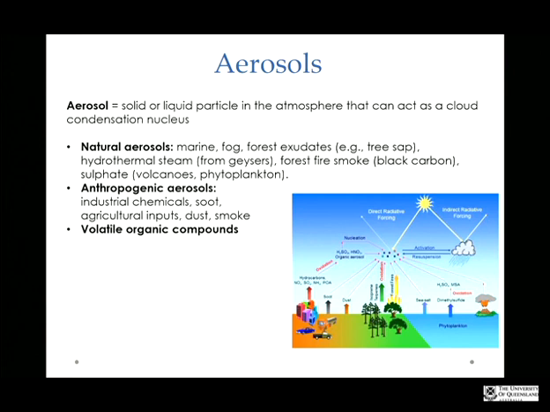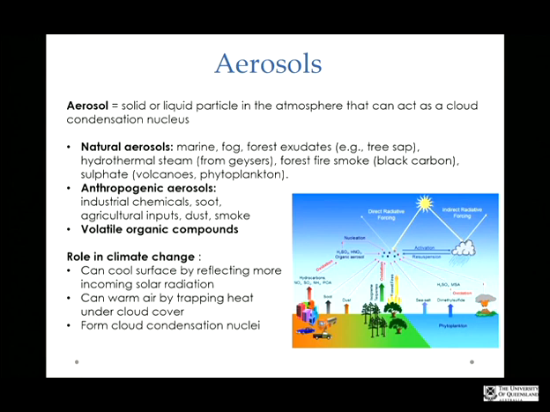We then have a lot of anthropogenic or man-made aerosols, which include chemicals, coal soot, agricultural inputs, dust and things like that, and volatile organic compounds, which are chemical compounds that form in the atmosphere and then disappear as they have a chemical reaction with what's around them.